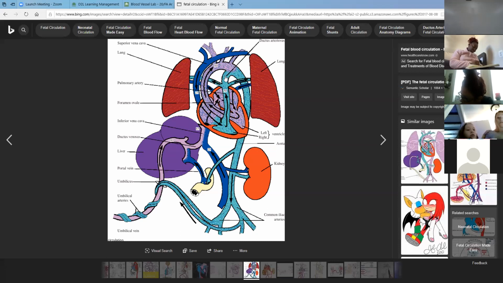Now, remember, they're supposed to be closed at birth, but if they're not closed, that's a serious heart defect called patent. If one of these doesn't close, it's called patent. So you can have a patent foramen ovale or patent ductus arteriosus. I think the patent ductus arteriosus has to be surgically closed immediately, because it's really dangerous if that remains open.